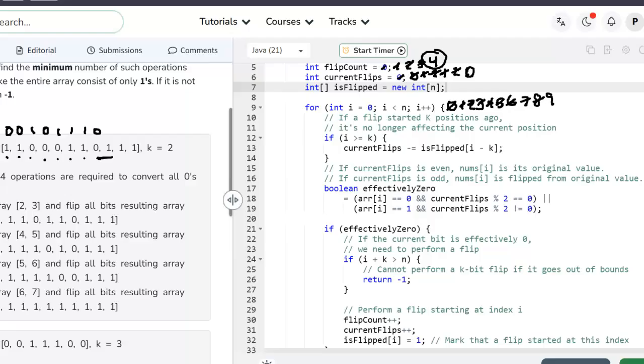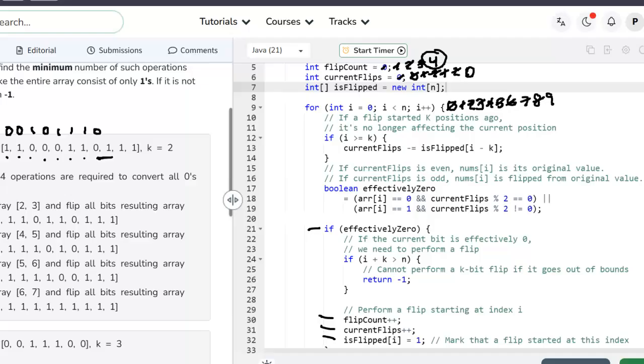So we keep track of it to see what the effective value is given the flips that we've already done. If any bit is effectively 0, again, because we are taking a greedy approach and flipping all of the zeros, then we increment the flip count, increment current flips, and keep track of where we did the flips, and that should give us the correct answer.